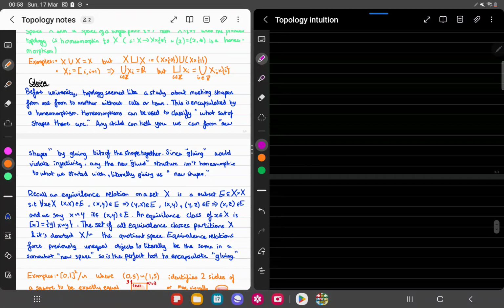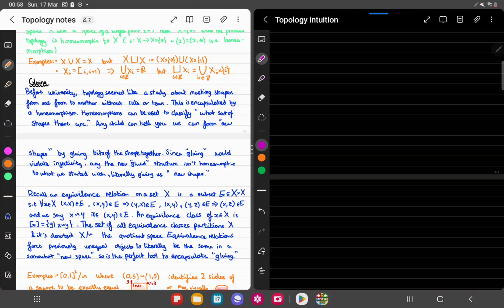So before university, topology seemed like a study about mushing shapes from one form to another without cuts or tears. This is encapsulated by a homeomorphism, as I've already said. Homeomorphisms can be used to classify what sort of shapes there are. Any child can tell you that we can form new shapes by gluing bits of the shape together, since gluing would violate injectivity, because remember, you could always have the identity map from a space to itself as a homeomorphism.